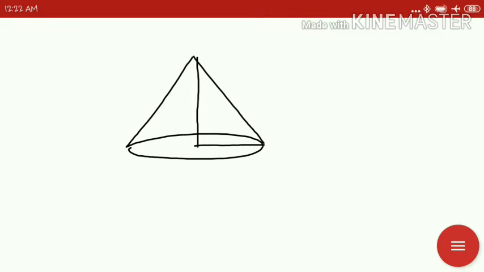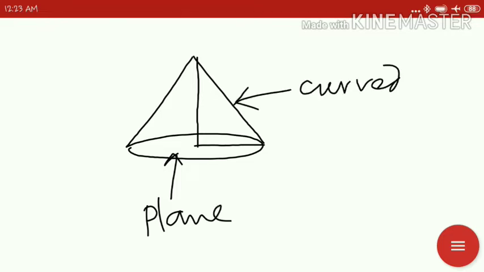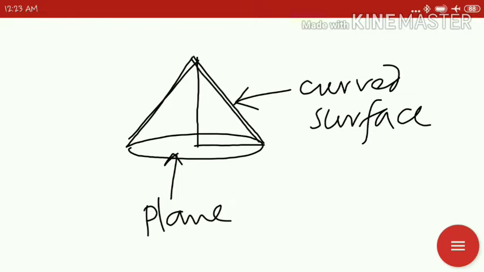But here there is one plane surface that we call the base, and another one is the curved surface. This one is the curved surface which forms the cover of it, and the circular one is the base which we call the plane surface.